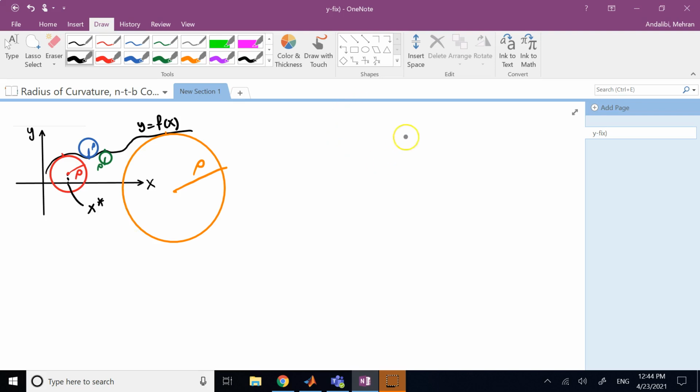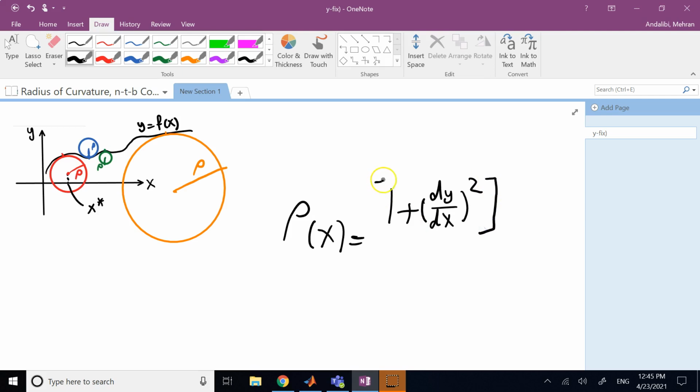And yes, in calculus, you will see that rho as a function of x is equal to 1 plus y prime, or dy over dx, the whole thing squared.